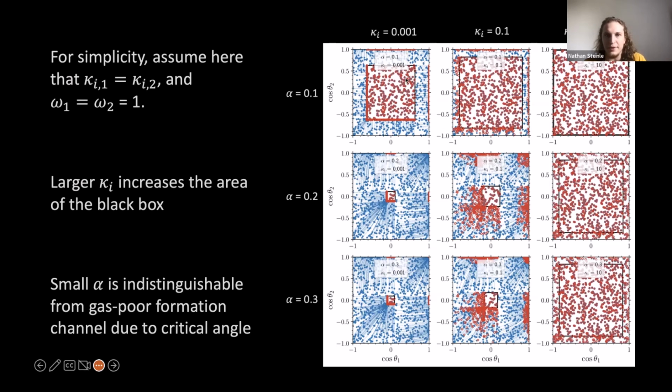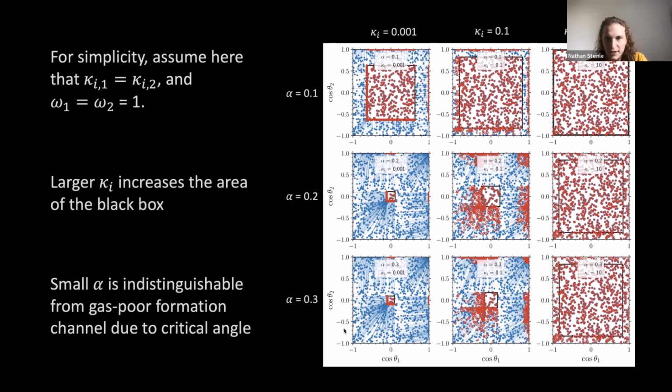And generally, if you see in the top row for lower values of alpha, the black box is relatively large for any value of the initial kappa. And this implies that binary black holes that evolve in low viscosity gas-rich hosts will be difficult to distinguish from those that evolve in gas-poor hosts due to the occurrence of this critical angle phenomenon early on in the binary, early on in the disk migration phase.